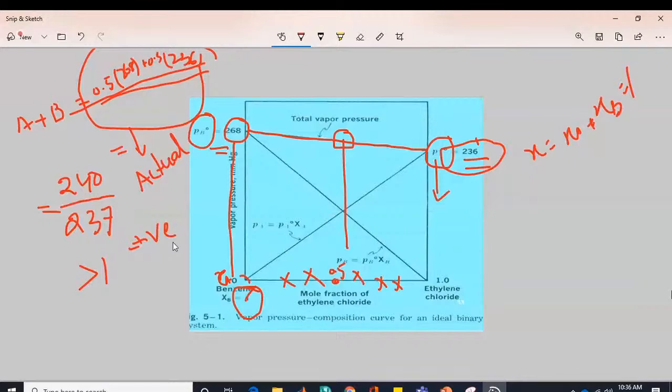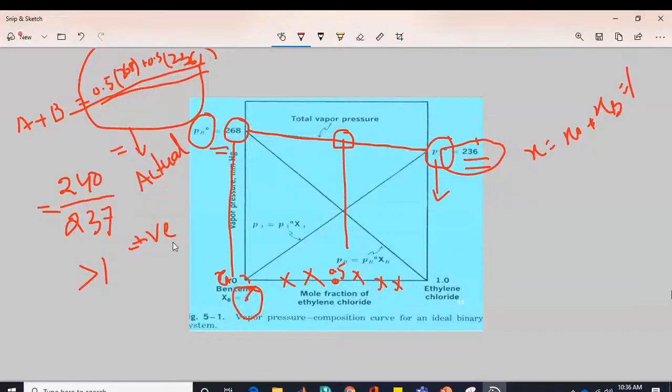Okay, graphically you can see here how the system can behave. There are two graphs. One is on the left side, the other is on the right side. First, let's talk about the graph on the left side, which is 5.3, vapor pressure of a system showing positive deviation from Raoult's law.